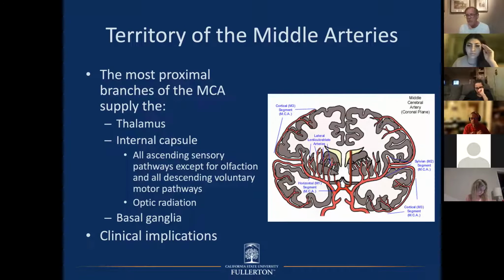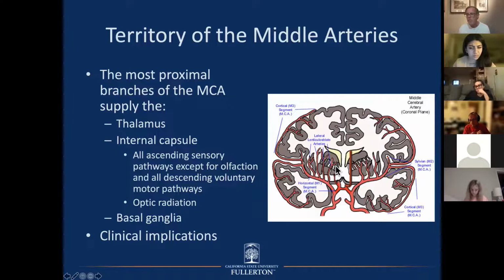External carotid artery does not take blood to the internal capsule. So you're going to just forget it. So it's left common carotid, left internal carotid, left middle cerebral, left lenticulostriate arteries, and you're there. Here they are, and here's the internal capsule.